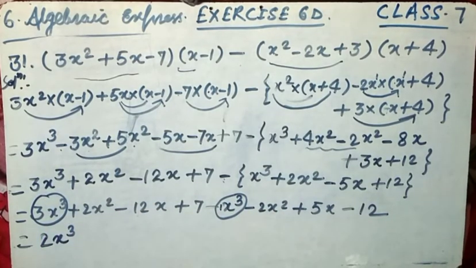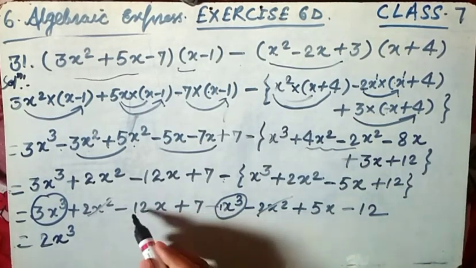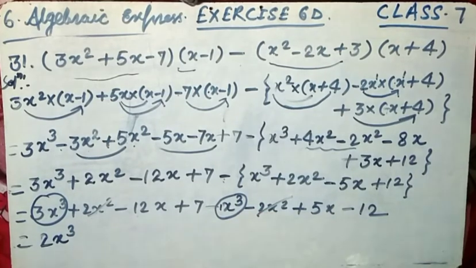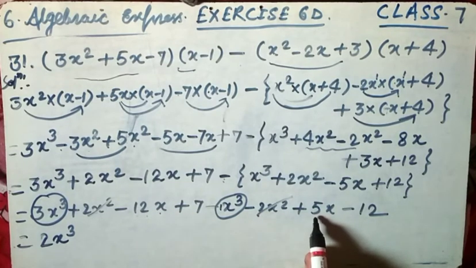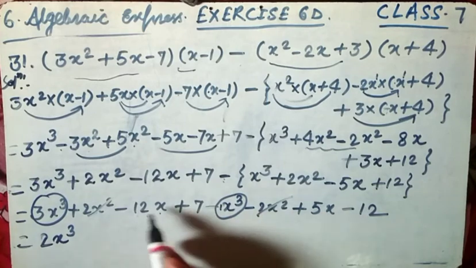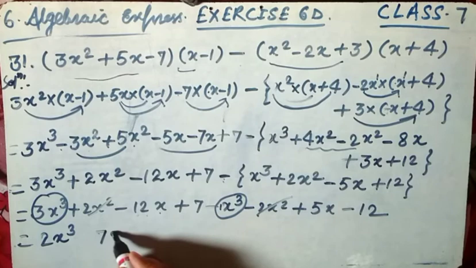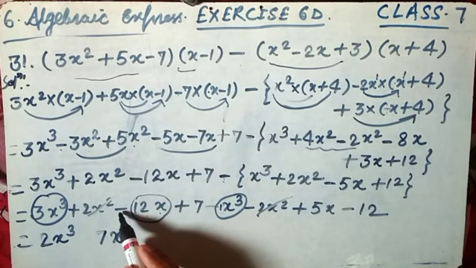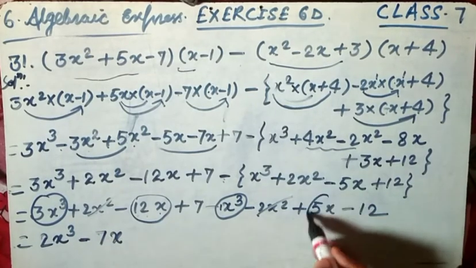Okay, now see the x square term, here is the 2x square term, same term with opposite sign will get cancelled. Okay, here is the minus, here the plus will get cancelled. Now next, minus 12x, yes, here is the minus 12x, and here is the plus 5x. We can write the 12 minus 5 is 7x, but look, friends, this is the greater value, 12x is greater, having negative sign, we have to place the negative symbol. Okay, now this is complete.